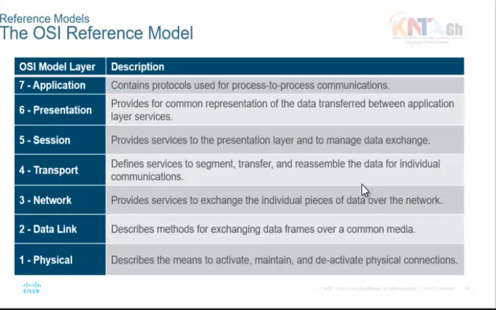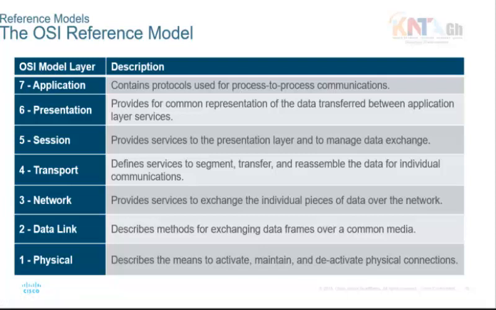So the Open System Interconnection Reference Model is a 7-layered model, and it is numbered from the bottom to the top. So it has the physical layer, which we normally call layer 1, and layer 1 describes the means to activate, maintain, and deactivate physical connections. We have layer 2, which is the data link layer, which describes methods of exchanging data frames over common media.